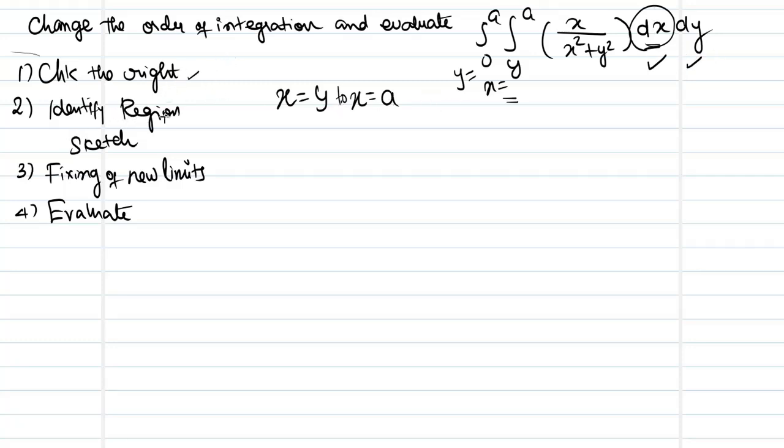Second one is identifying the region. The region to be covered is bounded by x equal to y, x equal to a, y equal to 0 and y equal to a. A caution here: you will have to use 2 different colors to distinguish between the axes and your region, so that there is no confusion when you plot the limits.